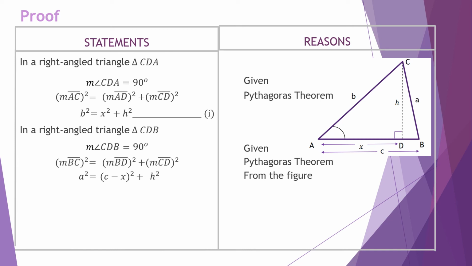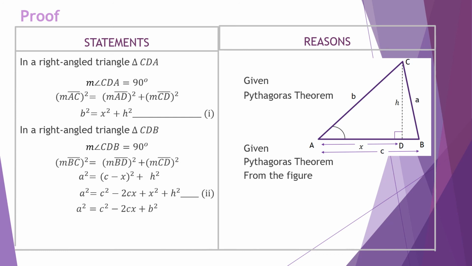By expanding the square with the help of the identity (a minus b) whole square, we get a square is equal to c square minus 2cx plus x square plus h square. This will be equation 2. Now we will replace the value of x square plus h square from equation 1 and get a square is equal to c square minus 2cx plus b square.